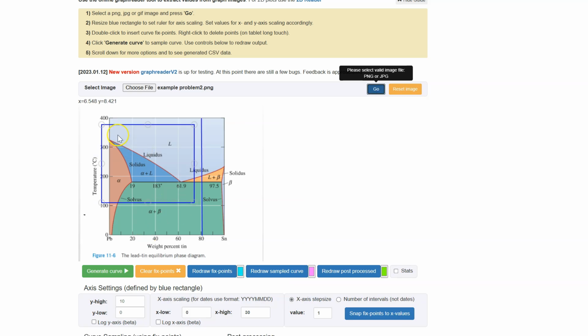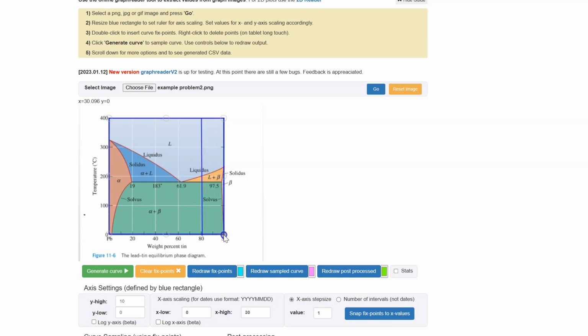And here we go. Then calibrating the scale like so. I'm going from 0 to 400 on the y-axis and 0 to 100 on the x. Checking the result, this should be 100, 400, and this should be at 0, 0. Very good.